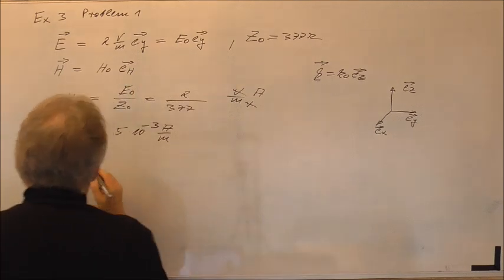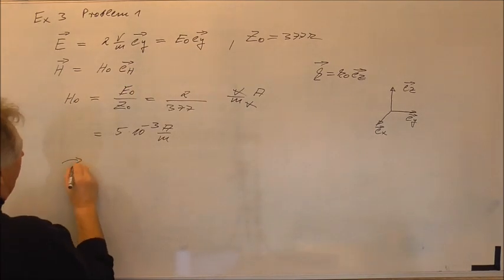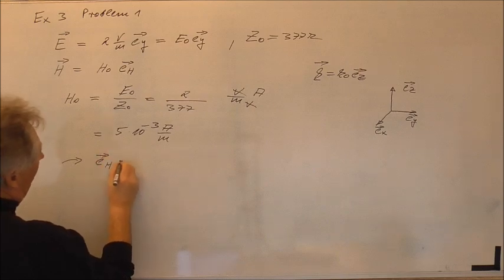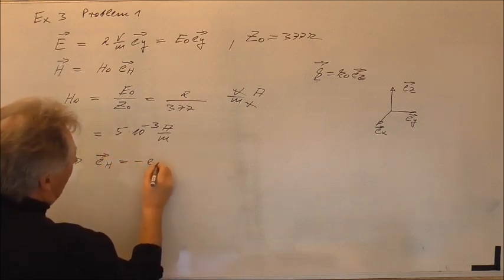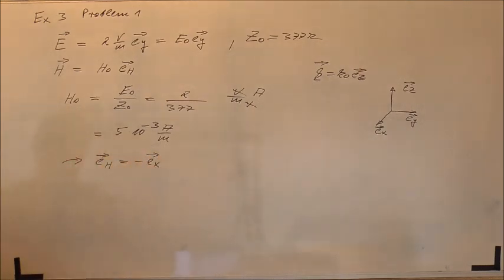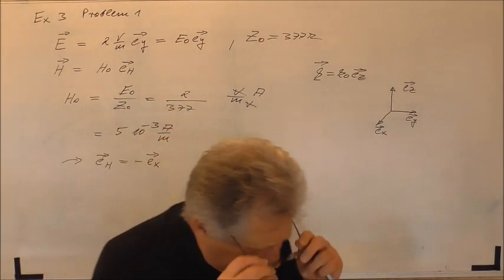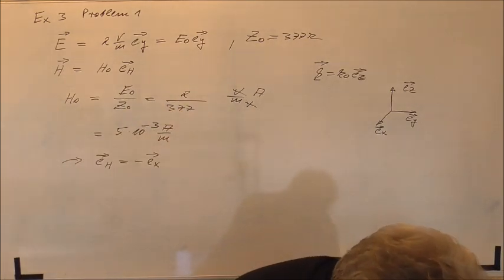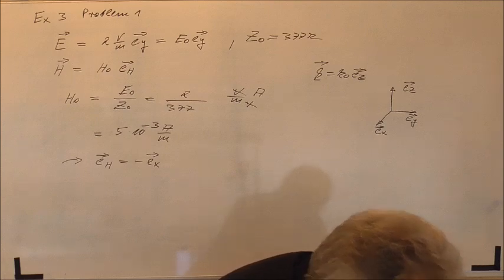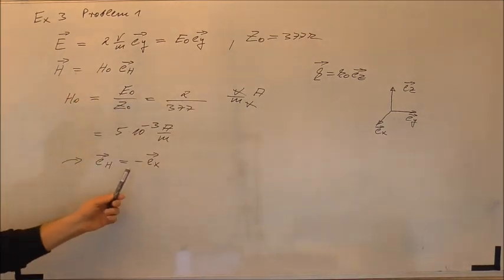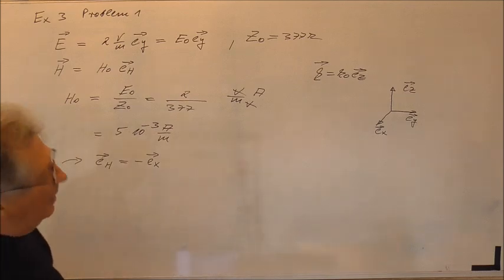From this we see that EH, the unit vector, will be minus EX. This will be the answer to the question: the unit vector of the magnetic field points in the minus x direction.